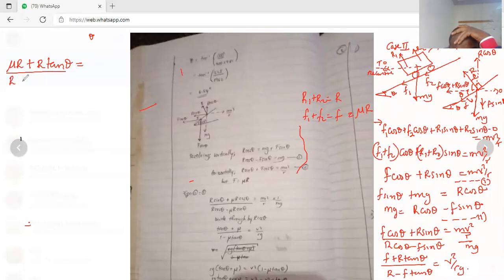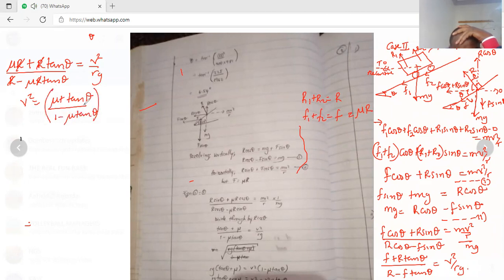Mu R plus R tan theta over R minus mu R tan theta is equal to v squared over RG. Cancel the R throughout. Therefore, v squared is equal to (mu plus tan theta) over (1 minus mu tan theta).